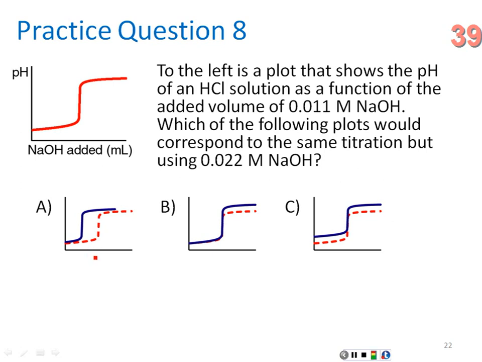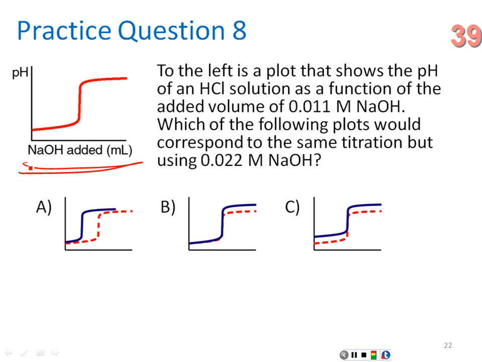If you look at the titration curve here, the x-axis is the volume of base that's added. So if you have the same acid solution and you're doubling the concentration of the base, you can just think of that as, well, I would need less of that base. I would need half as much of that base to reach equivalence with the acid.